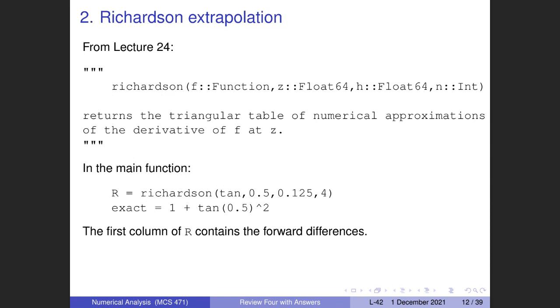Here is the Richardson extrapolation. So Richardson extrapolation actually does already also the forward differences for you. So in a way, the first column will actually do the first step. What you need to apply: the tangent function can be immediately supplied in this problem.